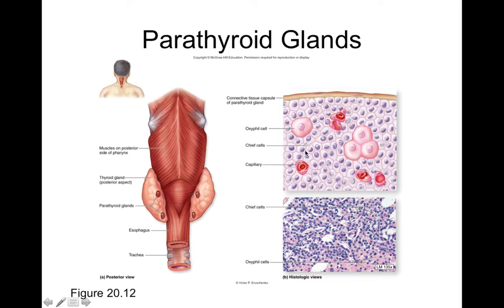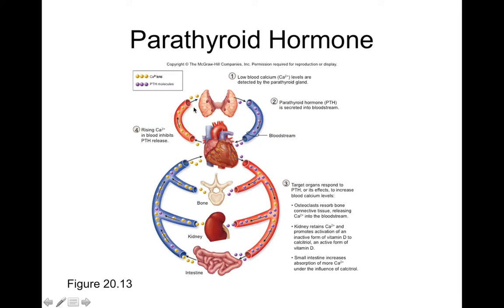Now these chief cells release parathyroid hormone, and once that hormone makes it into the bloodstream, parathyroid hormone exerts basically 3 main effects that all act to increase blood calcium. So if your blood calcium levels are low, your parathyroid glands will release parathyroid hormone.